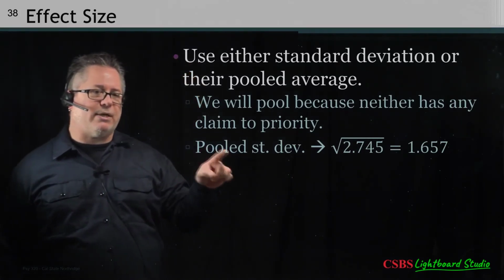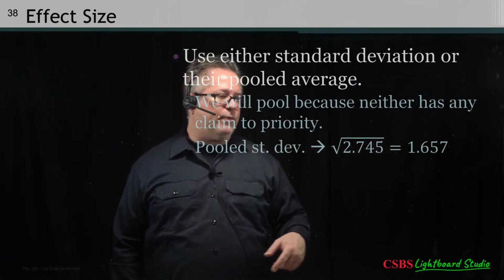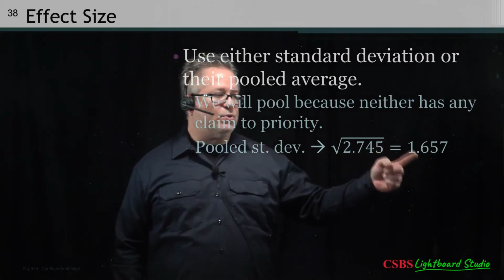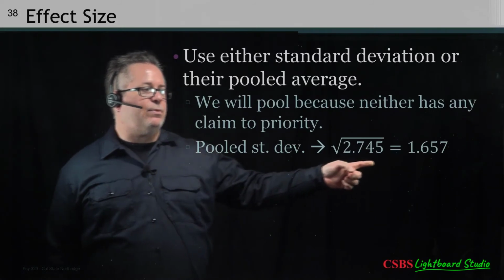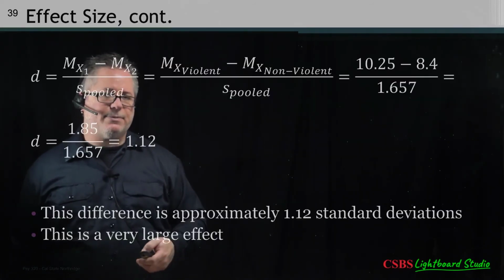If I take the square root of our pooled variance from earlier, 2.745, the pooled standard deviation is 1.657, and I want to use that number as the denominator for my Cohen's d effect size.